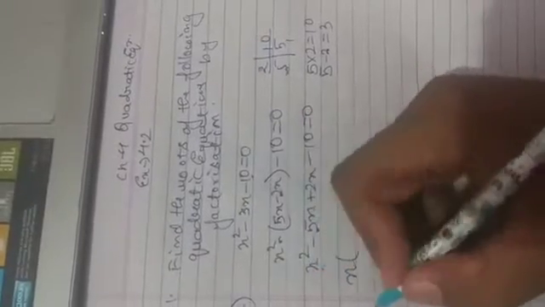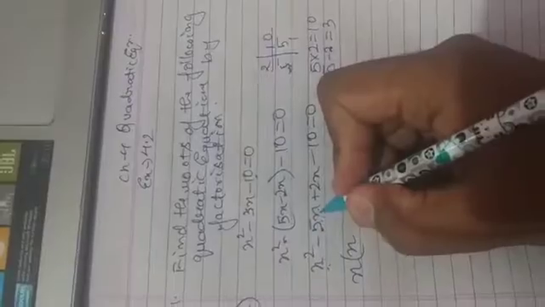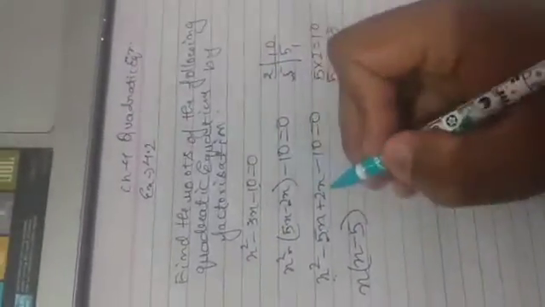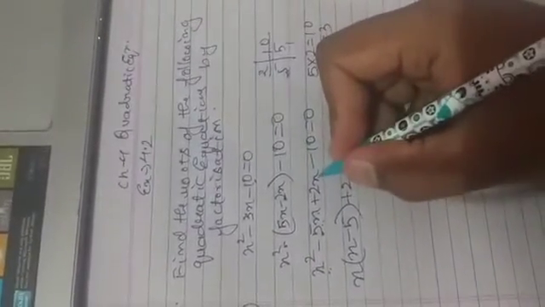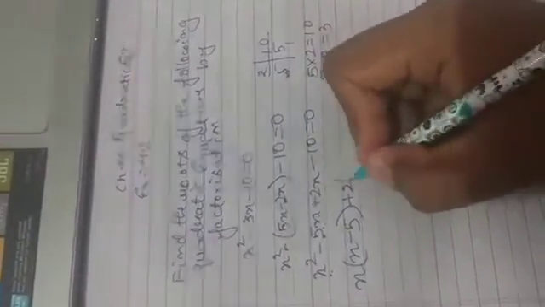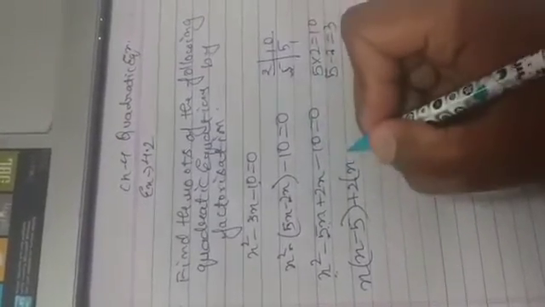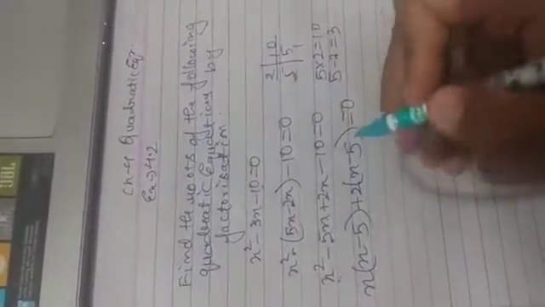If we take out x from x square, what we get? x. And if we take out x from minus 5x, what we get? Minus 5. Now here we can take 2 common. If we take out 2 from 2x, what we get? x. And if we take 2 from minus 10, what we get? Minus 5, is equal to 0, because 5 twos are 10.